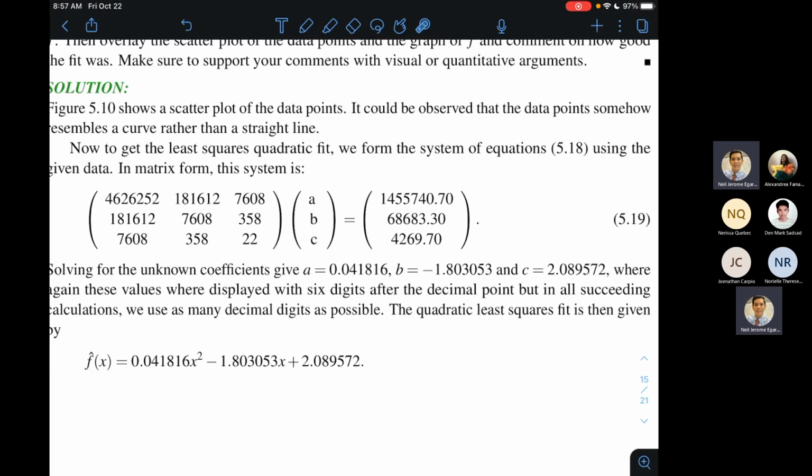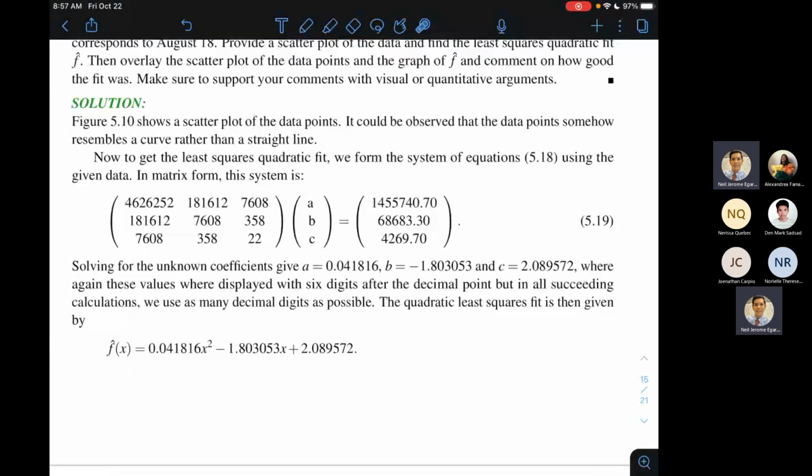And then if we compute for A, B, and C, you will find that A is approximately 0.041816, B is approximately negative 1.8, and C is approximately 2.09. Mga approximate values lang pala to kasi I think the solutions are irrational, so infinitely many decimal digits. Kaya lang, of course, I can only display so much. So parang 6 decimal digits lang yung ginamit ko rito.